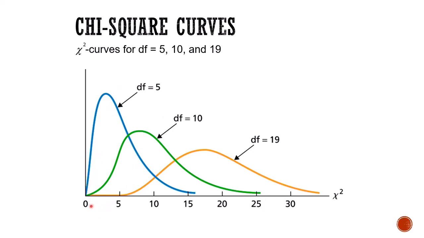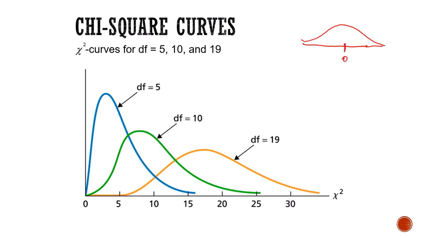These curves are anchored at 0. That means the lowest value of these curves is at 0. The lowest value is 0. We cannot have negative values, like remember how the z curve looked. The standard normal curve had 0 at the center.